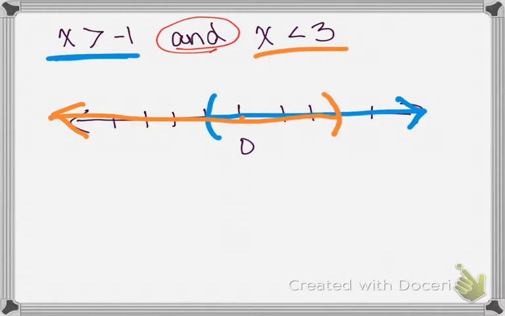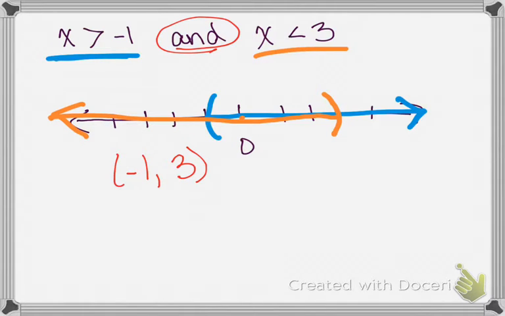So if I were to write this in interval notation, my answer is only the part covered by both. So I start at -1, but the parenthesis shows that -1 is not included. That's what the parenthesis is showing. And I go all the way to 3, and I have a parenthesis at 3.